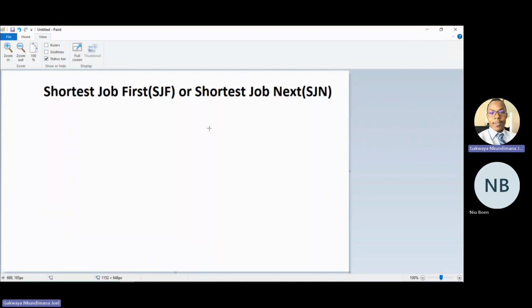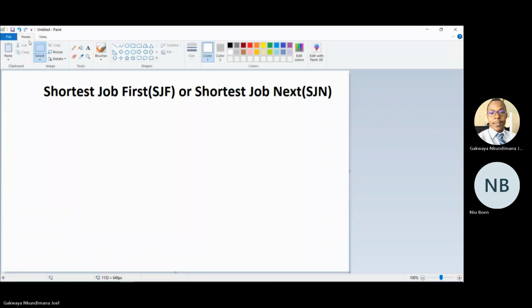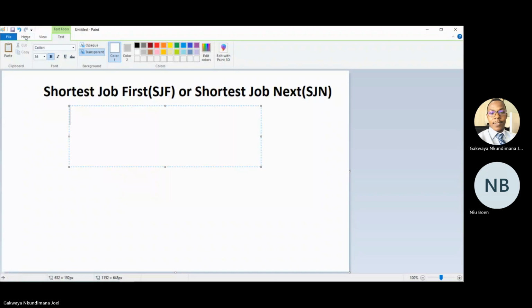Okay, so let me come to this one. What does it mean, shortest job first? This shortest job first, which we have here, is visible, right?